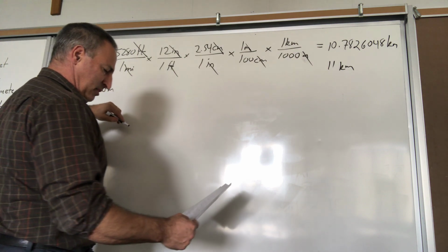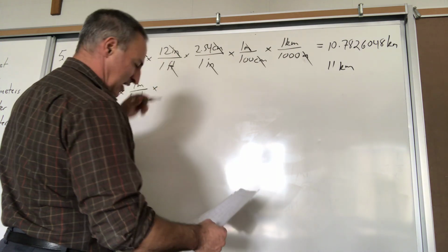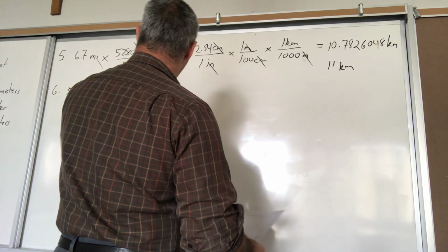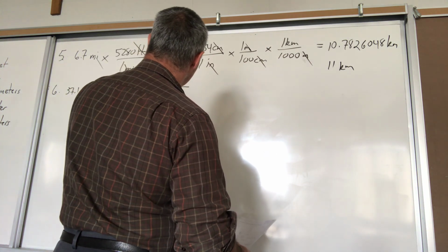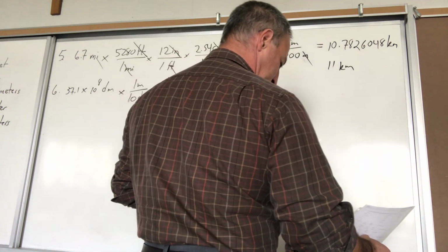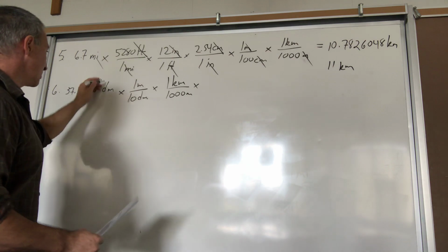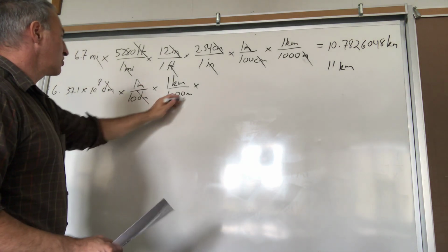So you're going to multiply that by 1 meter per 10 decimeters times 1 kilometer per 1,000 meters. That's it. That's all you need, because you stop at kilometers. Decimeters are canceled, meters are canceled.